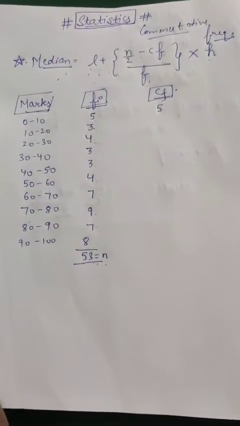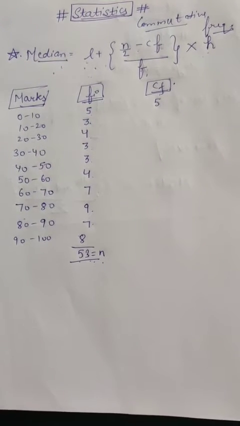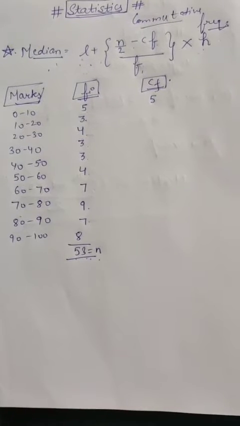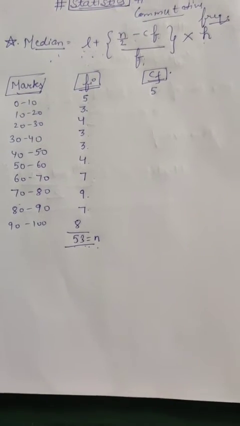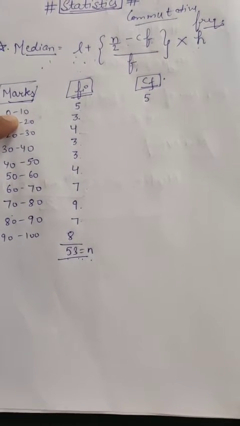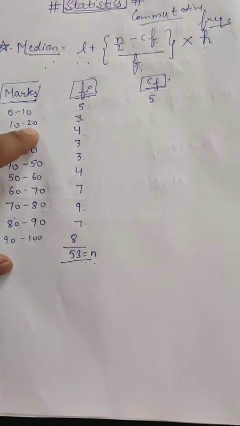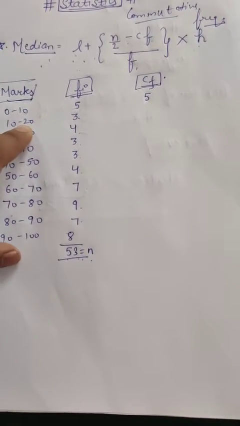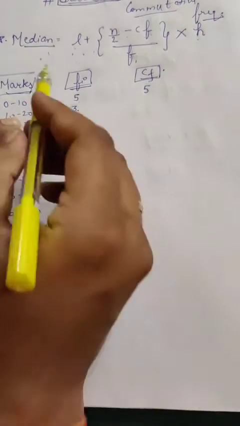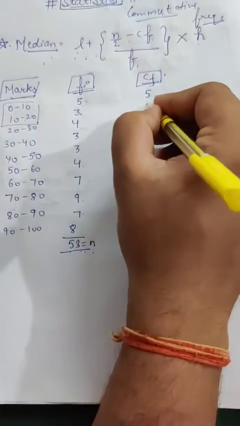The cumulative frequency we can find by less than type as well as more than type. We will discuss the more than type in the coming videos. Today we will understand the less than type. So 0 to 10 means less than 10 marks you have 5 students. Then 10 to 20 you have 3. And if I ask you less than 20, you will add both of these, so it will come out to be 8.